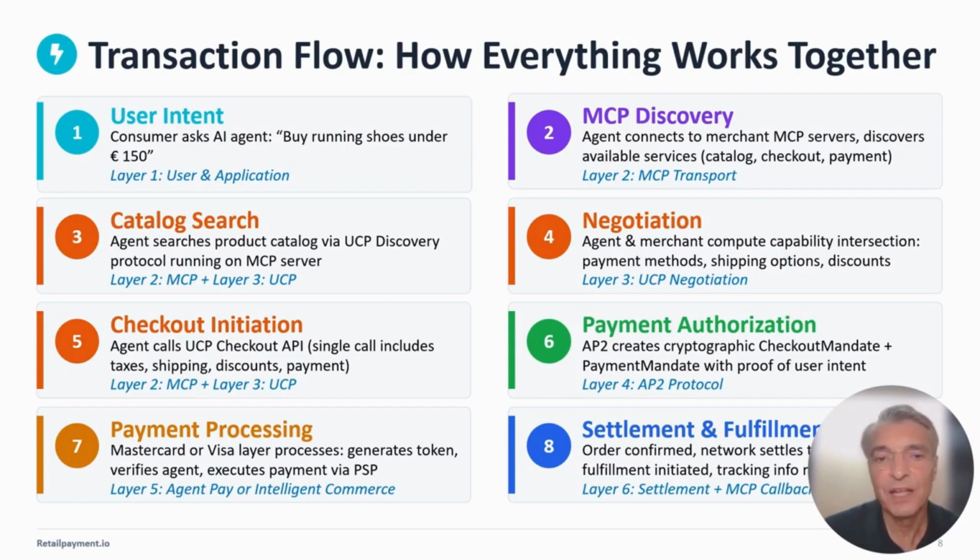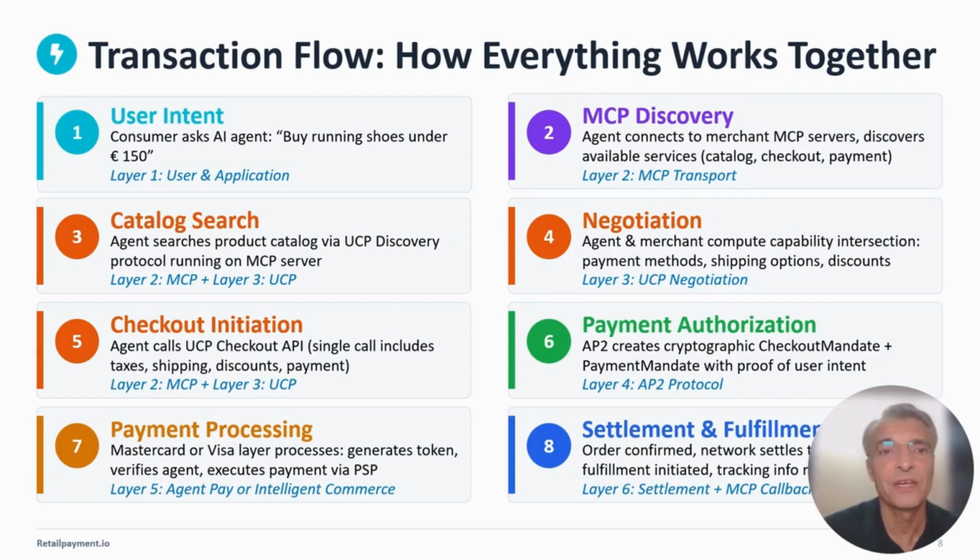So this is a standard level of payment with minor differences on the technical side of how the payment works. And then we are almost through the 8 steps. Then there is the last step, the settlement and fulfillment. So the payment transaction is processed and the fulfillment of the transaction begins.